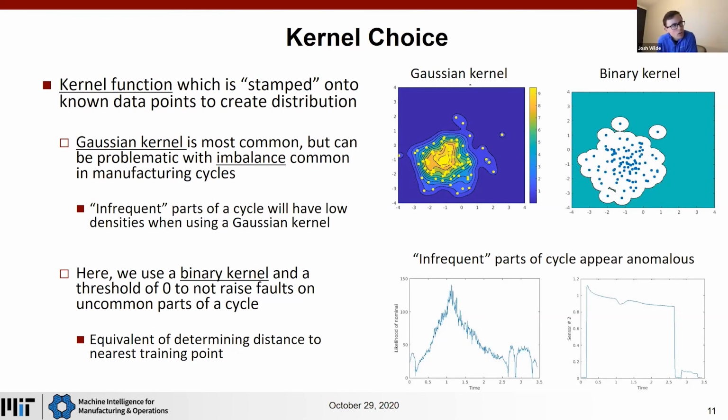Interesting. Did you consider other approaches for dealing with time? Yeah, this is something I'm still working on and didn't put in this presentation. I haven't really thought this through yet, but I think it would be good to find some way to still incorporate the Gaussian kernel, which can give smoother classification boundaries, but still deal with this infrequent part of the cycle problem.